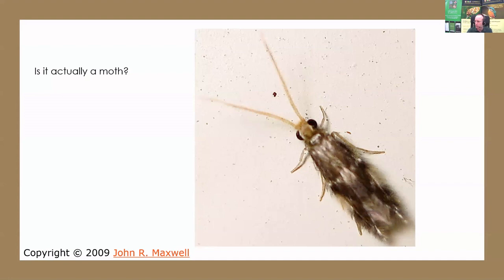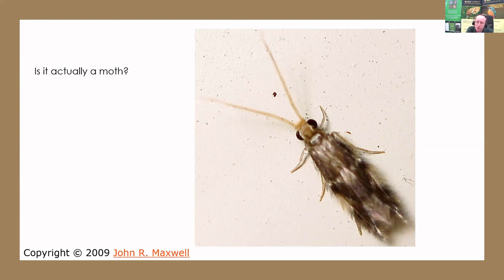The number of times I've tried to identify these things running around the bottom of the trap, you put them in a tube and look at them with a hand lens and think, oh no, it's a caddis. I also get quite a lot of photos of these, and there are only 6 or 7 species that you're likely to get of these microcaddis, but they're quite tricky to identify. So do be aware of them.